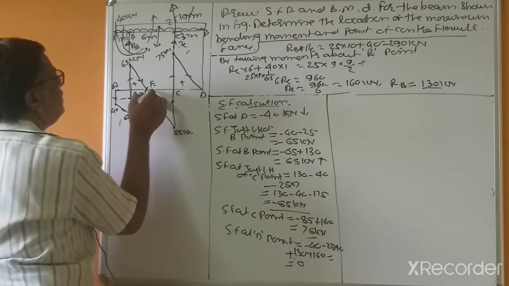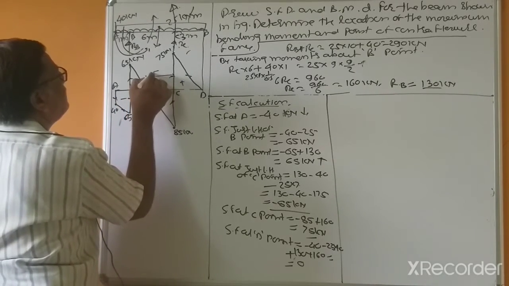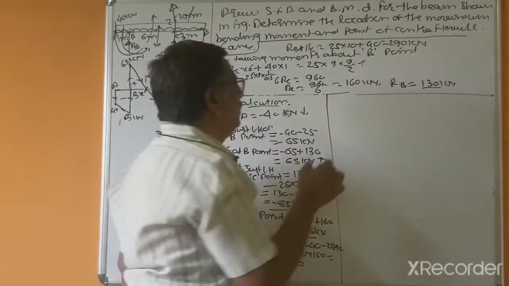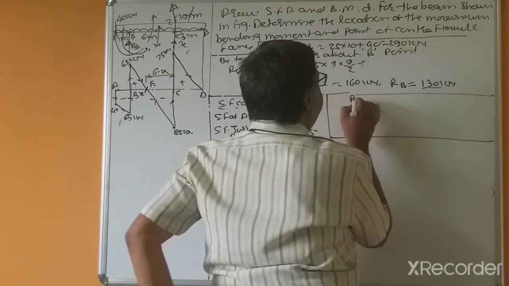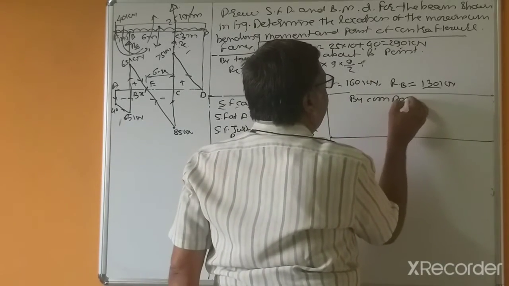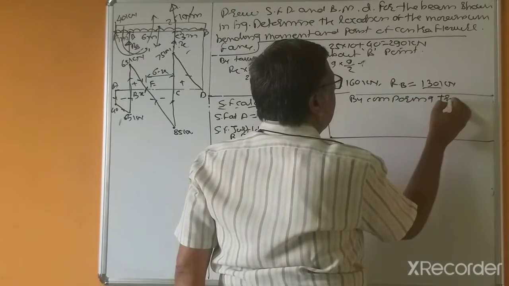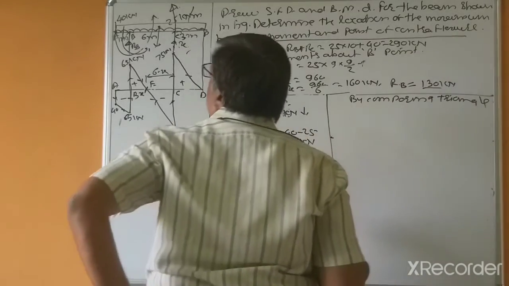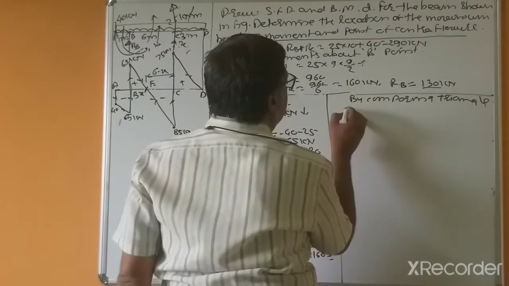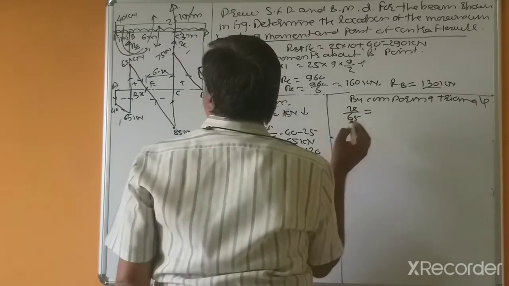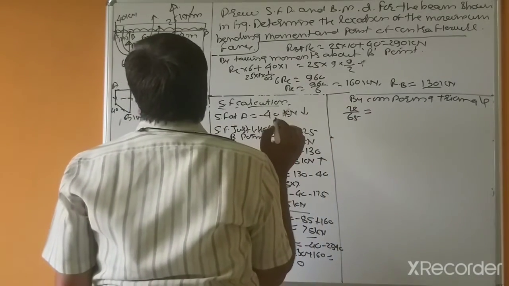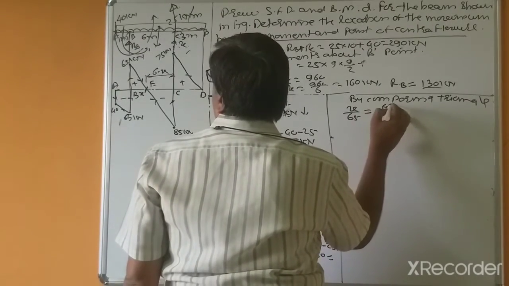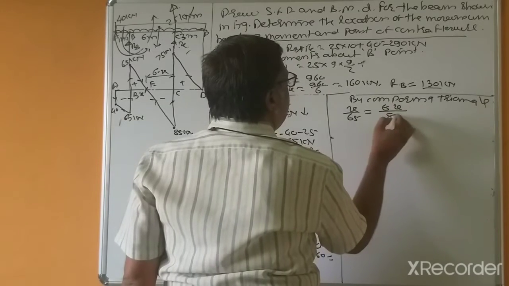Suppose this is X and this distance equal to 6 minus X. By comparing triangles, X divided by 65 equal to 6 minus X divided by 85.